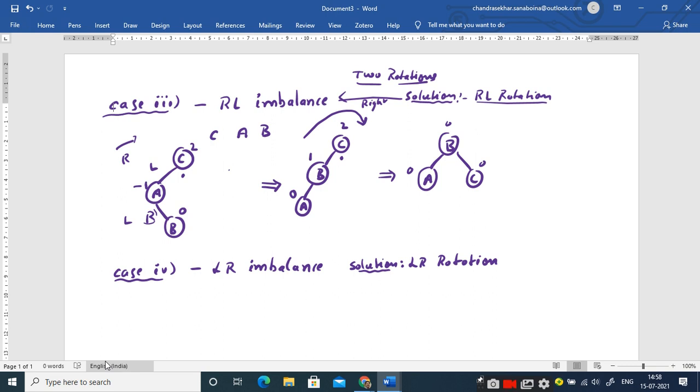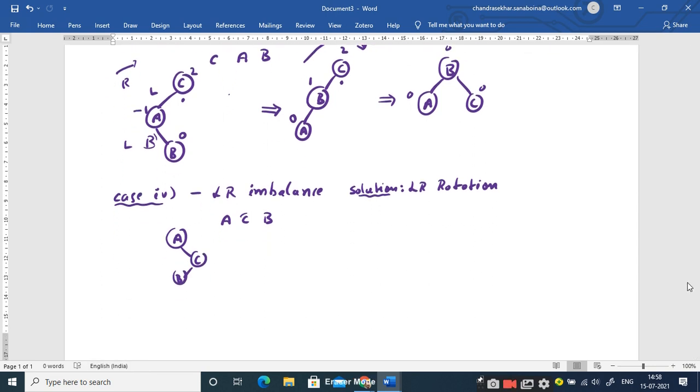Right. So let us take the example. What is the example we have? A, C and B. So I have A here, C here and B here. So what type of imbalance it is? LR, sir. Why?